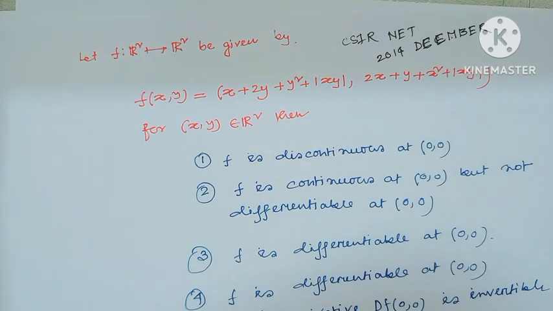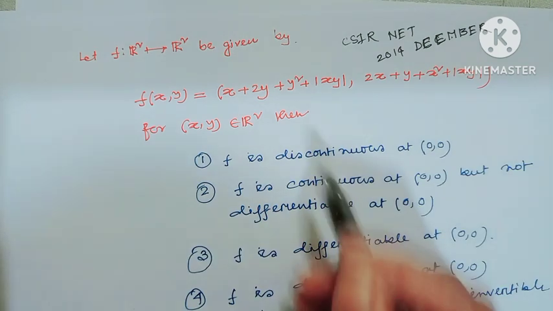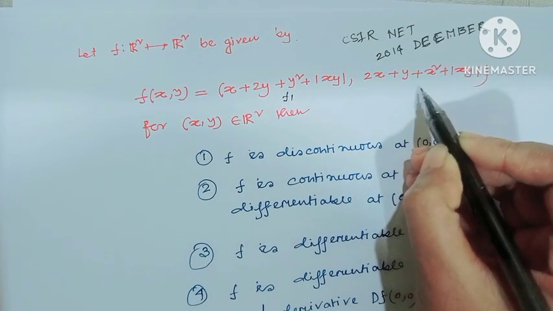Next, which came in the CSIR NET December 2014 exam. The question is: f defined from R2 to R2 given by f(x,y) equal to (x plus 2y plus y square plus xy times modulus of xy, 2x plus y plus x square plus modulus of xy). Consider these as components f1 and f2.